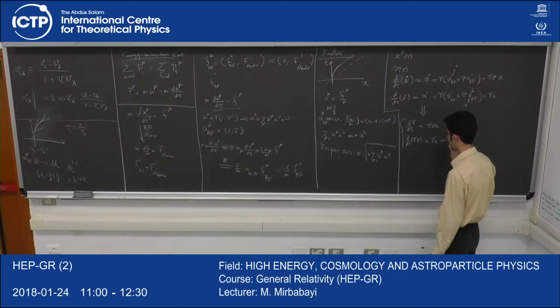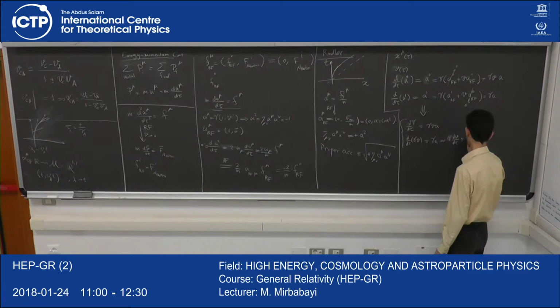Okay, so for instance, we can solve it by noticing that this is gamma dv/d tau plus v d gamma/d tau, equals gamma a.